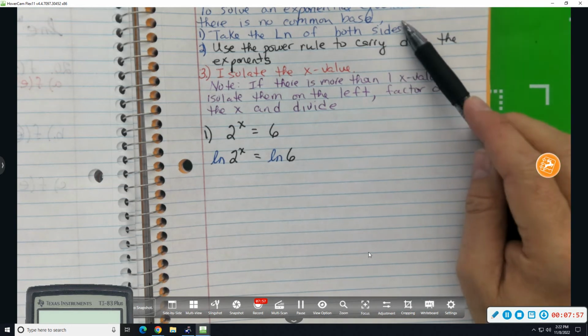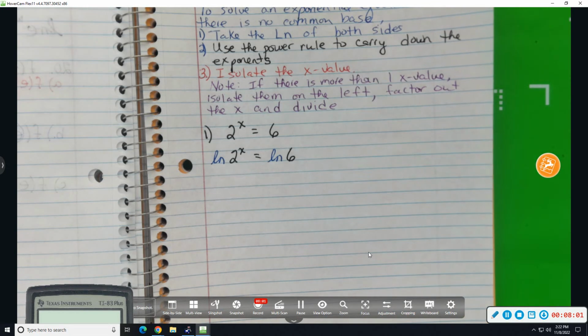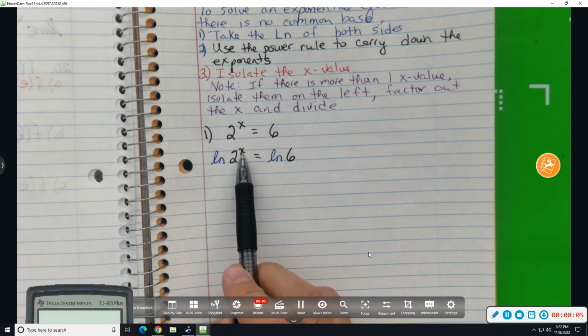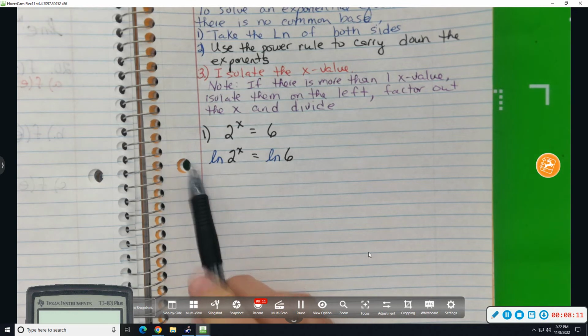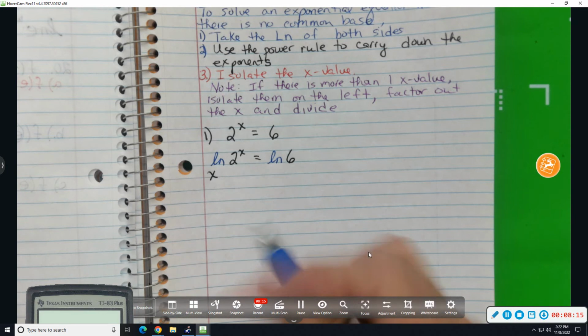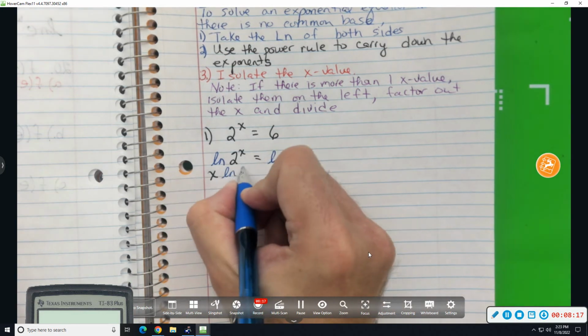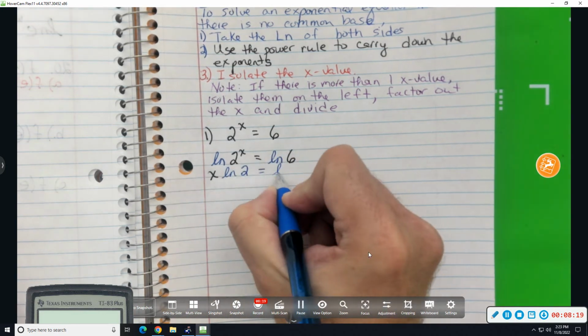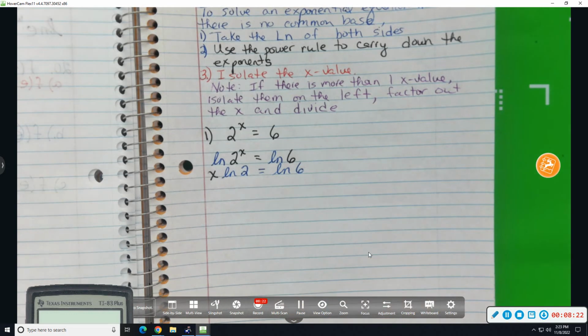Take the natural logarithm of both sides. Then step 2, use the power rule to carry down the exponents. There's only one exponent. With logarithms, if you have an exponent at the end, you can move it down in front. So it'll be x ln 2 equals ln 6.